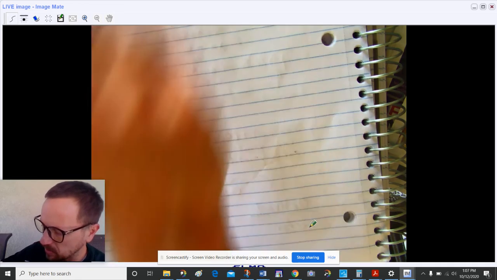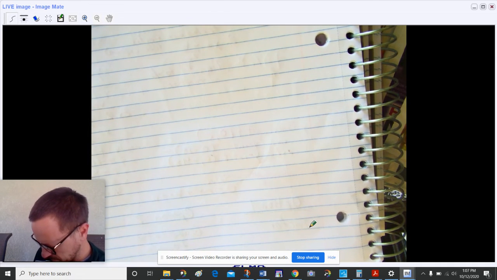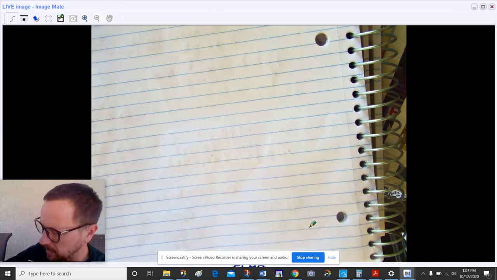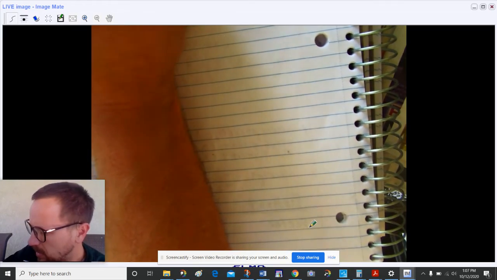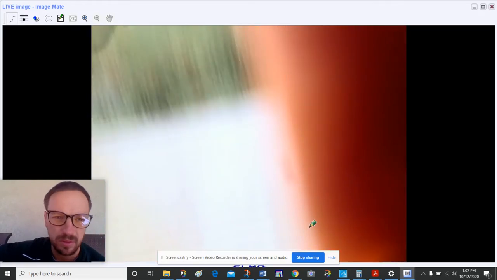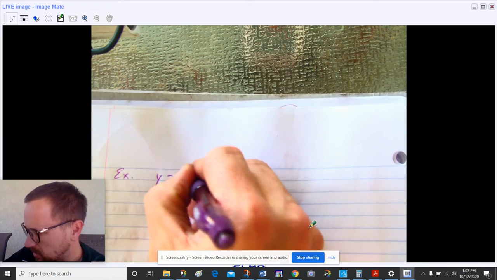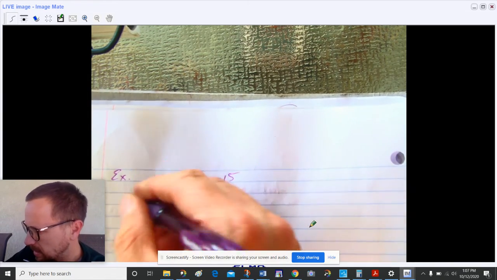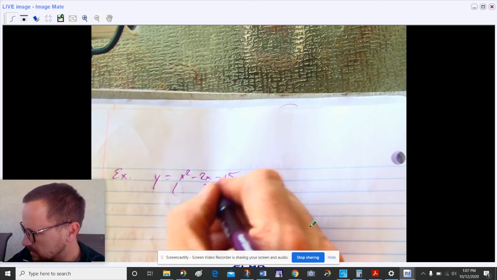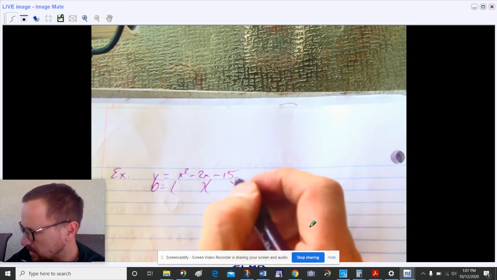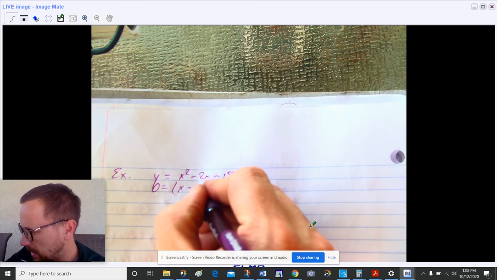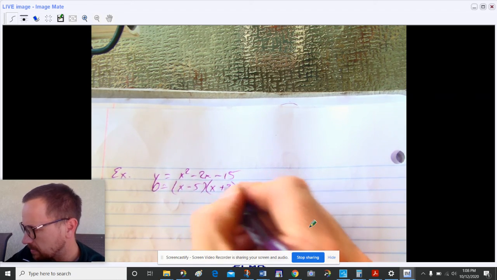So what we would do then is start off, okay, purple. Remember example 1 was y equals x squared minus 2x minus 15. And if we factor that, we set it equal to 0. So we're going to have x minus 5 and x plus 3.